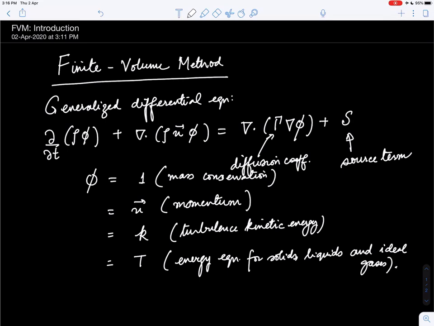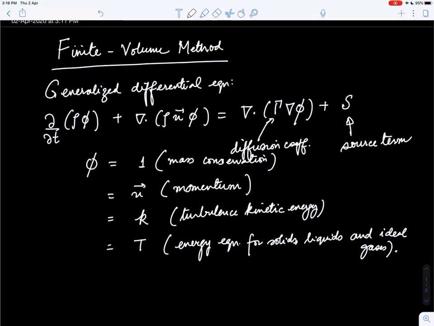Now we'll look at the solution strategies for this generalized differential equation using the key concept of the finite volume method, and we will highlight how this method is different from the finite difference method. As the word suggests, the method is called finite volume.